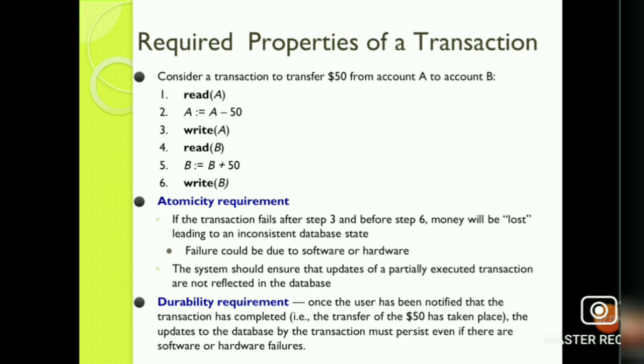Step 3 is write of A. Step 6 is write of B. So if some problem occurs in between these two steps, money will be lost. That means money will be deducted from A, but it will not be credited to B. So this led to inconsistent data.